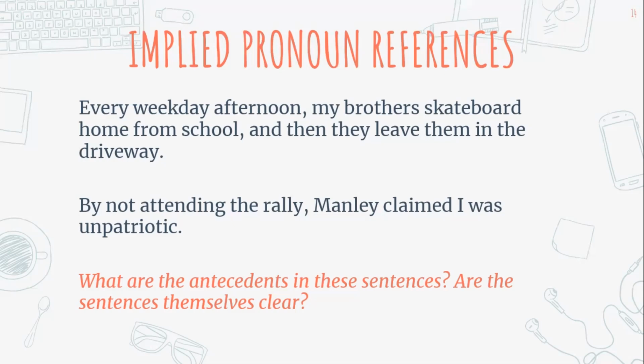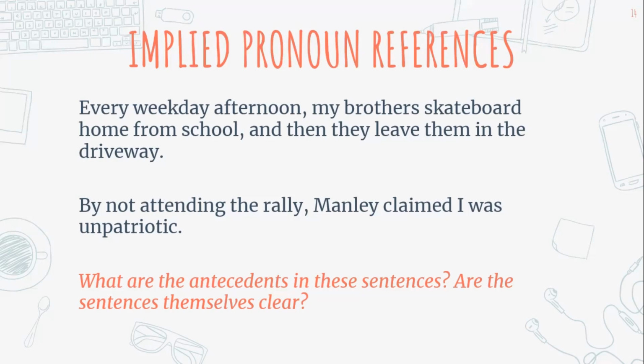They did not identify who left them, what they left in the driveway, if it's the skateboard or something else. Yeah, that's right. And the second sentence, clear? I think so. I'm not sure about the second part.